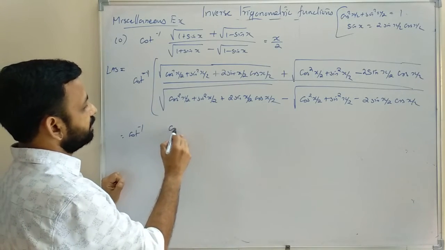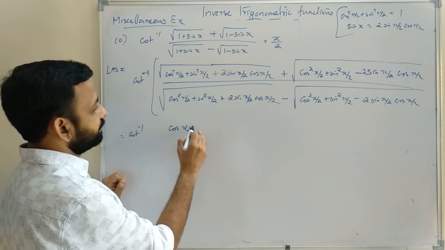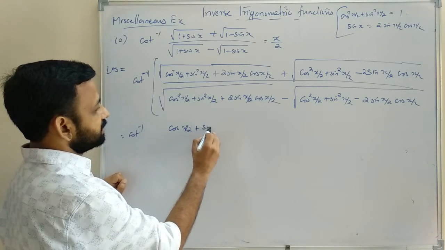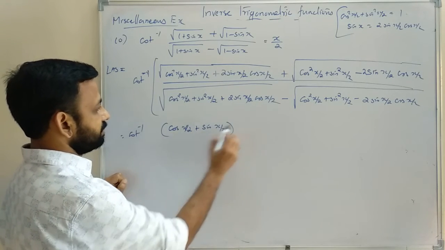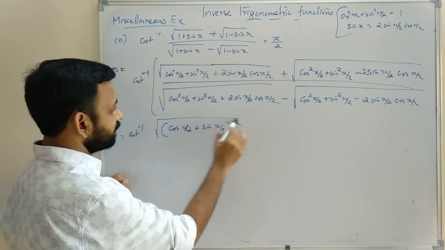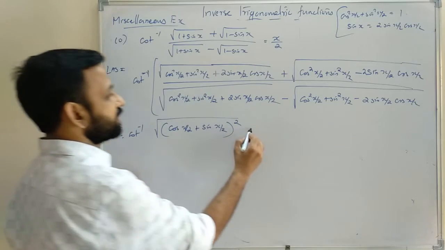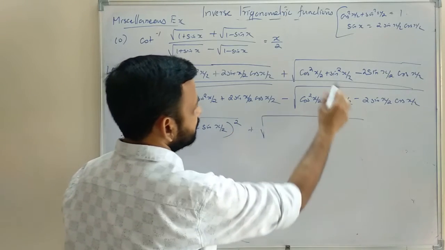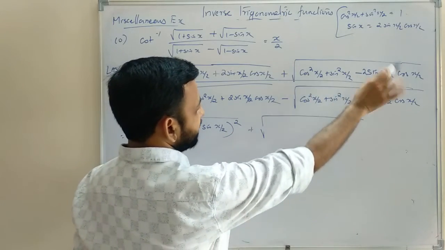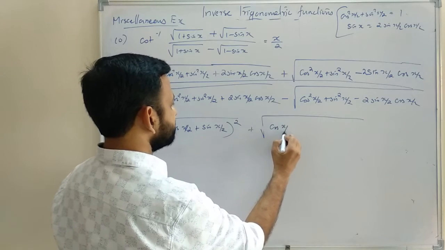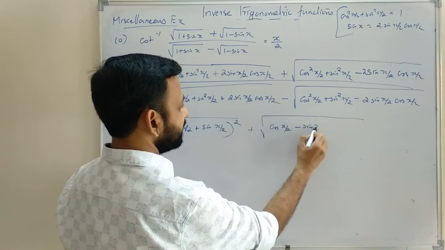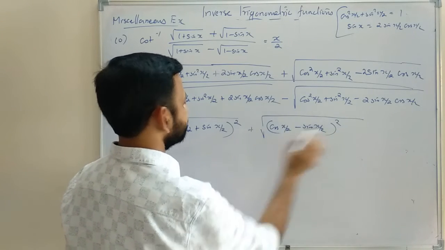So we will get under root cos x by 2 plus sin x by 2 whole square, plus same way under root a square plus b square minus 2ab, so cos x by 2 minus sin x by 2 whole square.